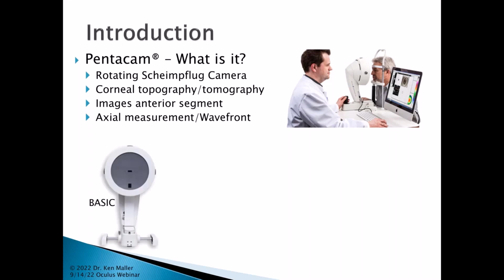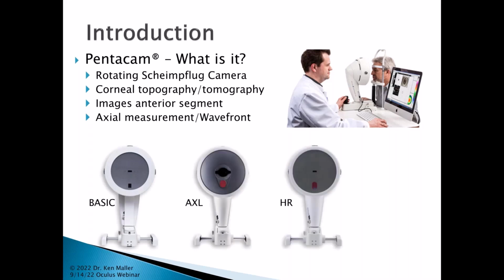There are currently 4 models. There's the Basic, the AXL, the HR, and the AXL Wave. These 4 models are very different. They each have certain features that they are capable of doing. And one of the most common questions I get asked is, so I want to do this, which model do I need?